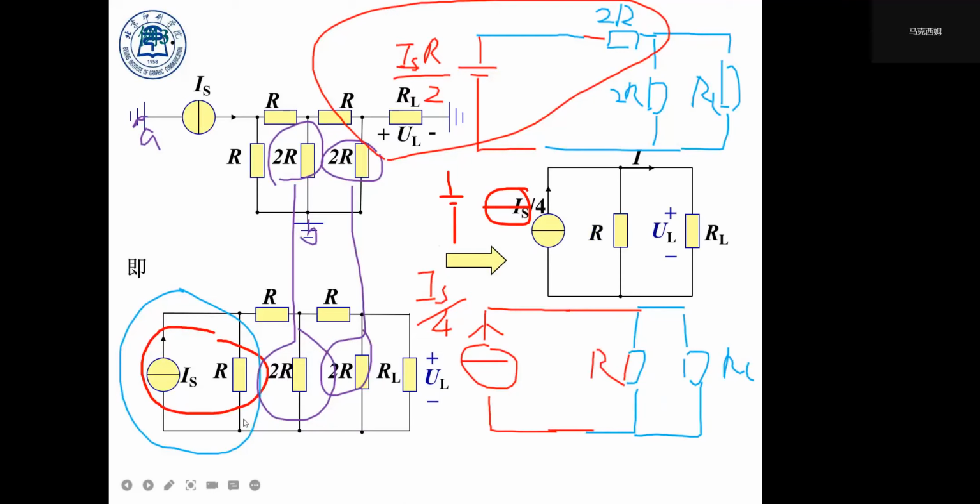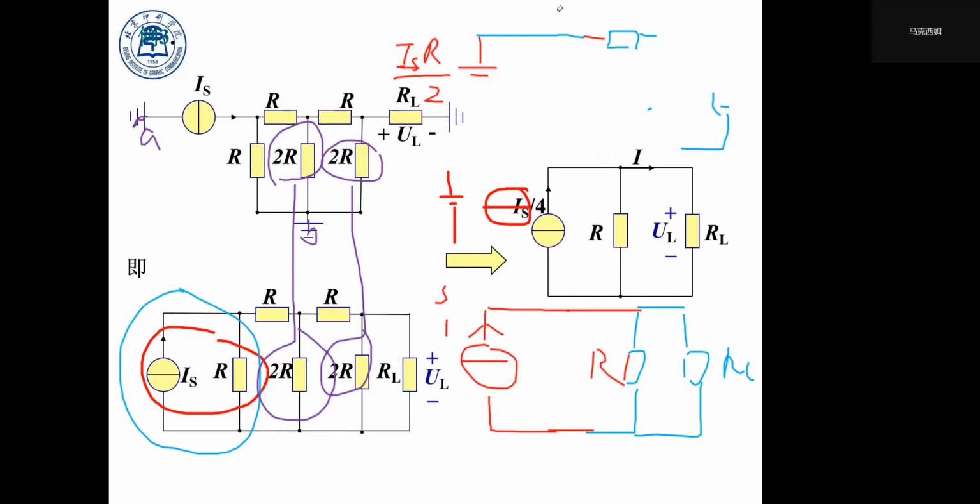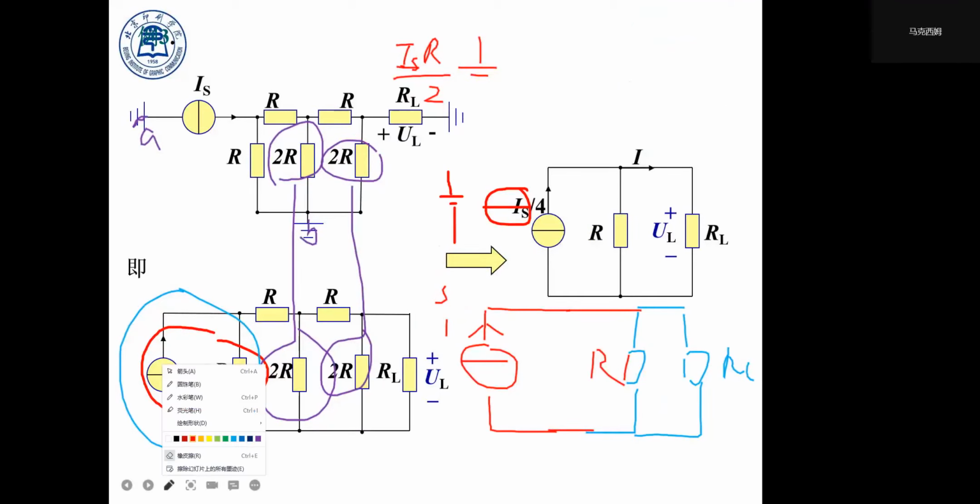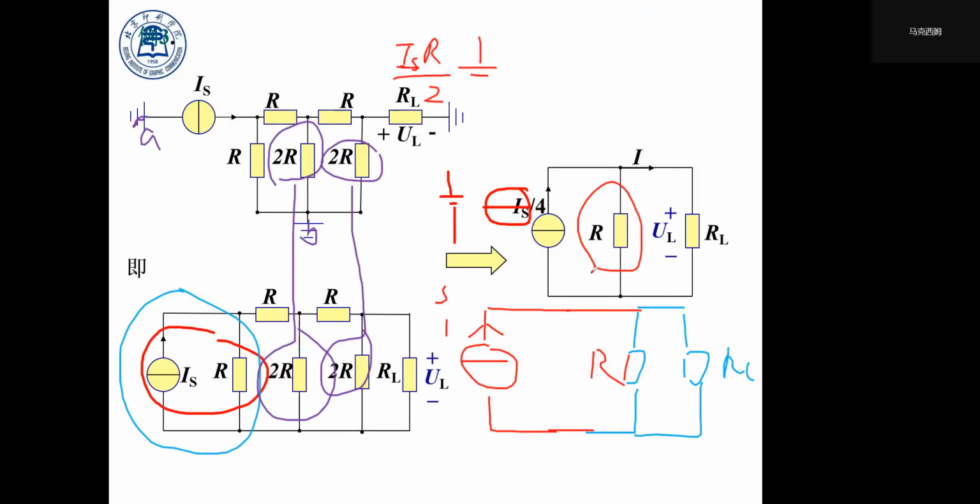This is how we deal with it. You see that this is what we have: a quarter of S as current source, and resistor R and this R. So the rest is simple.